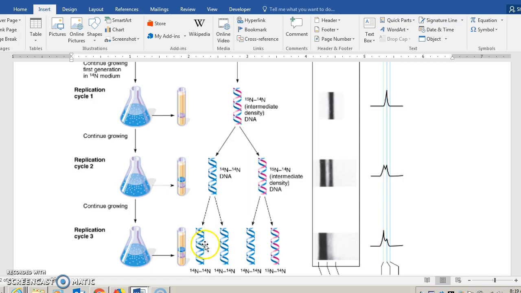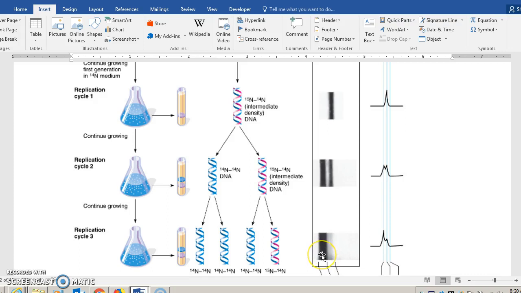In a third series, you're going to see more of the same, except the nitrogen-14 DNA is going to increase. You're going to get more and more of that. And the nitrogen-15, nitrogen-14 DNA, that heterogeneous mix, so to speak, it's just going to stay the same. And they saw two bands, the band or the layer of the nitrogen-14 growing.